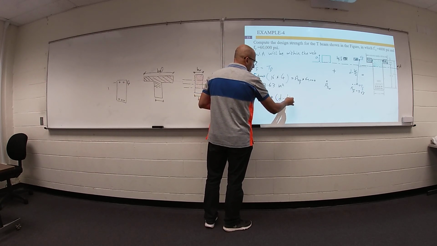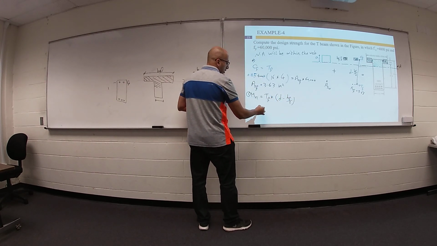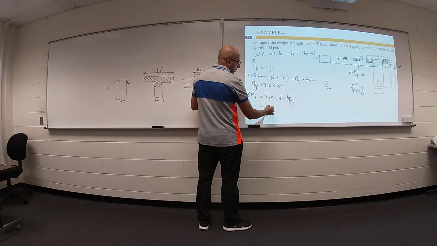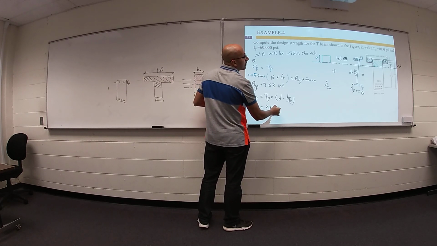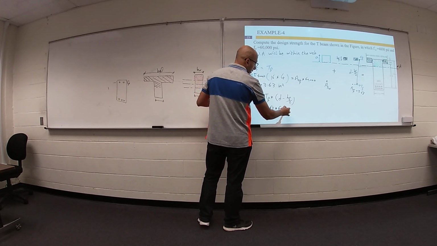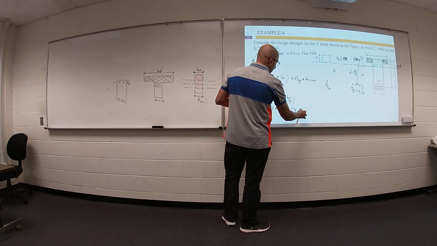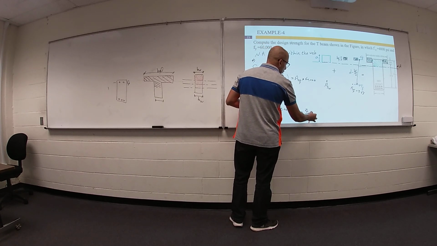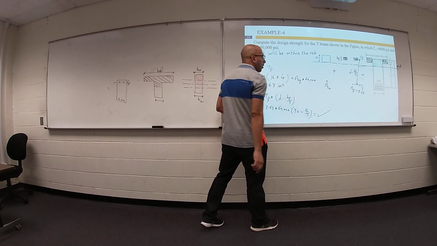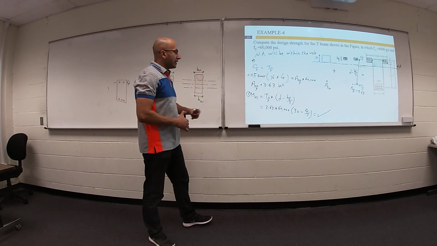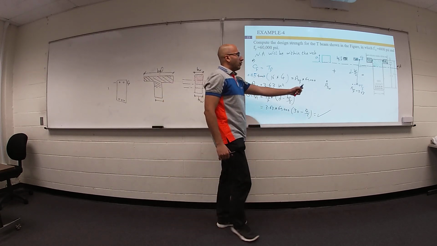T flange equals 3.63 times f yield, 60,000. Your depth 30 minus 4 divided by 2. You can figure out the value of the first nominal moment for the first part.